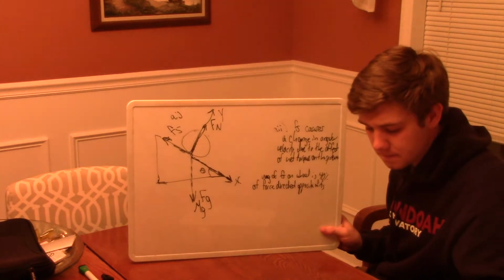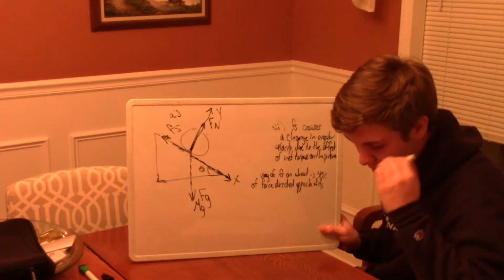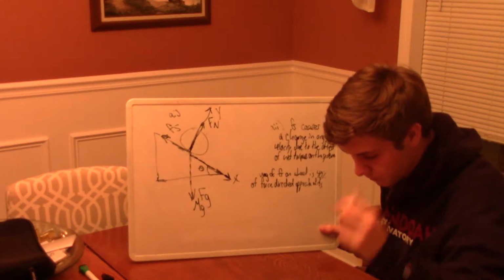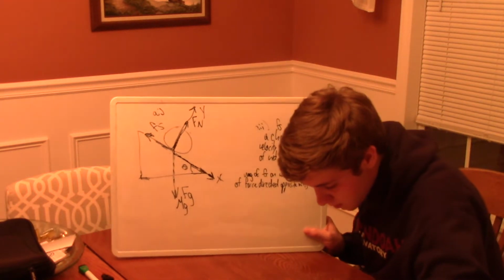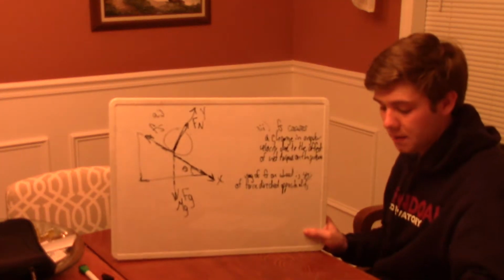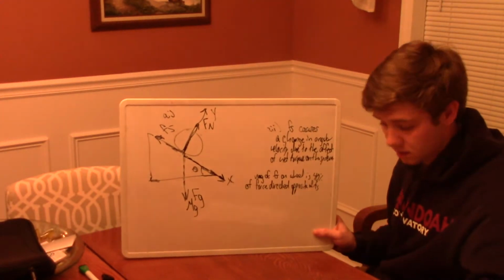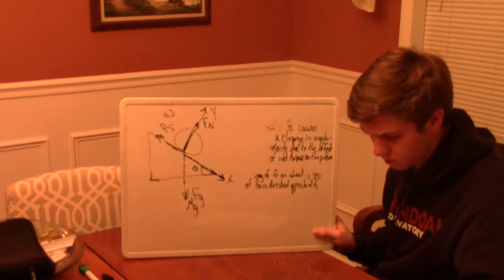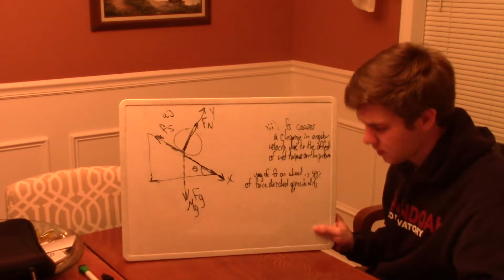Now that we've established this, we can see that the component of the object's weight down the ramp is equal to mg sine theta, because we know that's our equation.